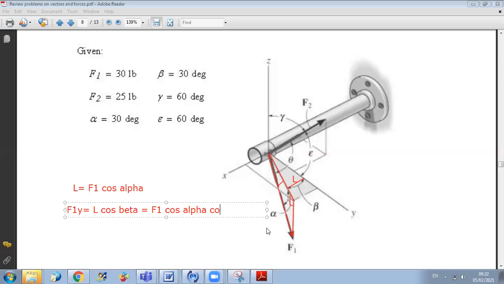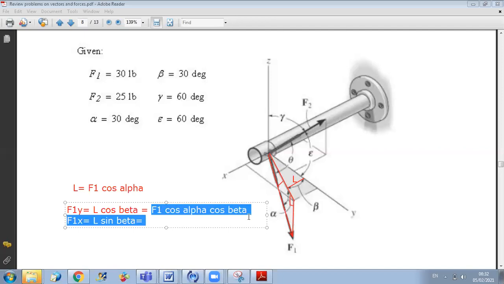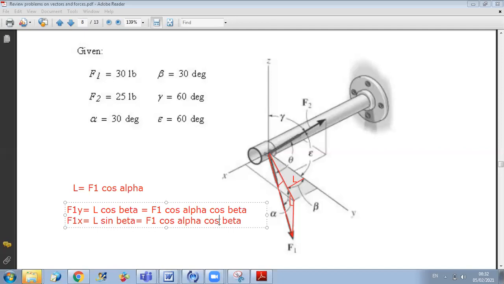Now what is the projection on x? L sine beta. Very good. F1x is L sine beta, and it's equal to F1 cosine alpha sine beta. And what about F1z? F1 sine alpha. Yes, but it's minus. Why? Because it's in the negative z direction.